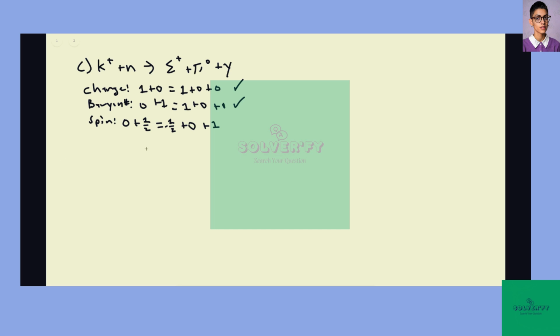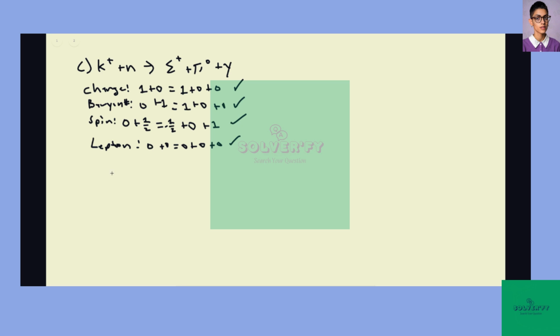So 1/2 is equal to 1/2, so that's also conserved. Let's look at lepton number. None of these are leptons, so 0 plus 0 is equal to 0 plus 0 plus 0, so that's also conserved.